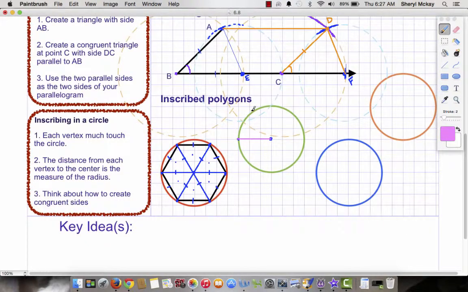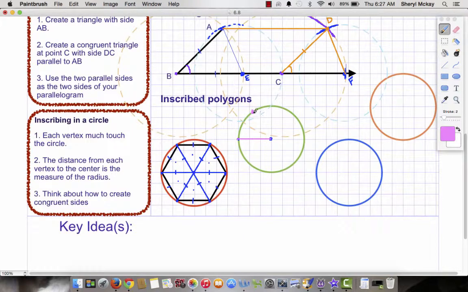Wherever it is, just put a little mark. This distance from here to here needs to be the same distance as from here to here, all right? And then that'll be your next point.